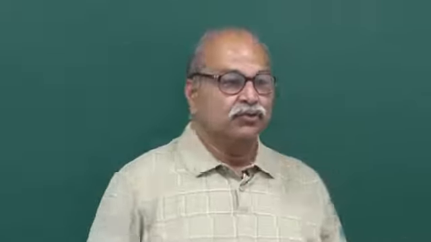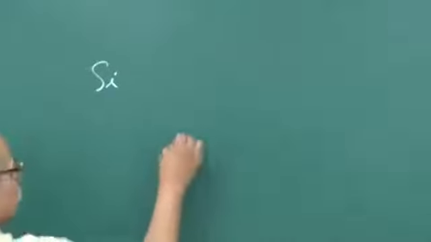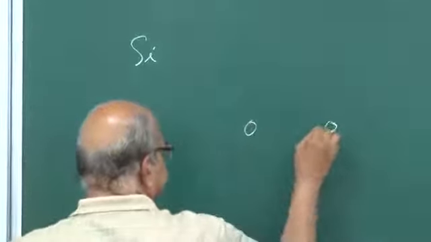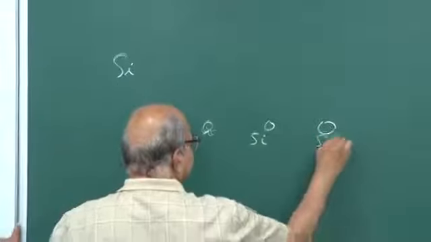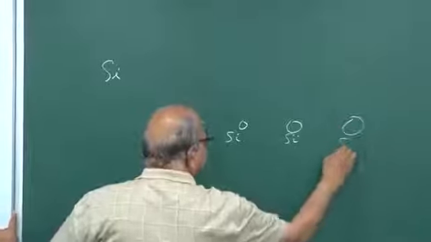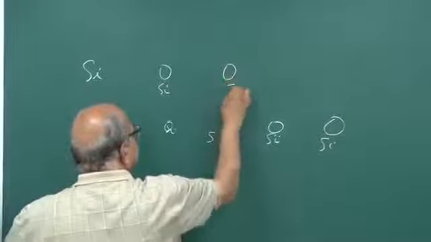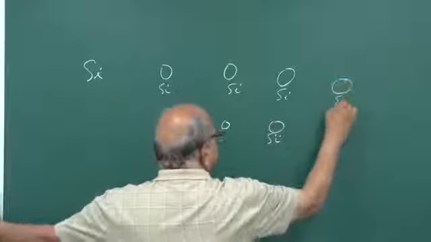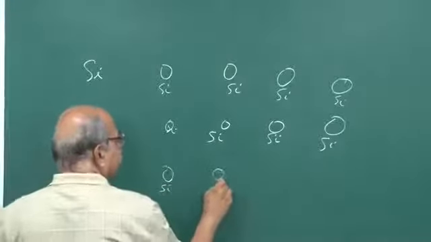So if you take silicon, which is our model semiconductor, you have all those silicon atoms, and they are bonded covalently using those sp3 electrons.